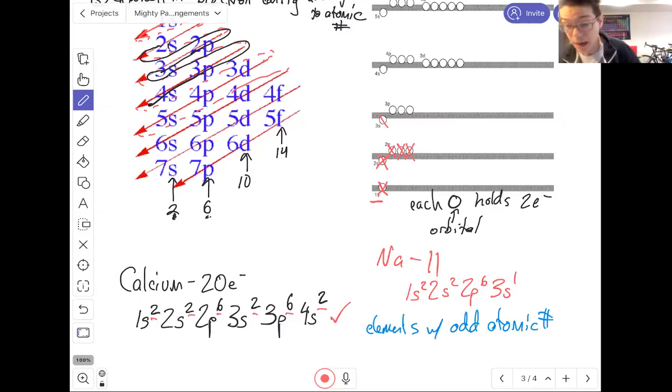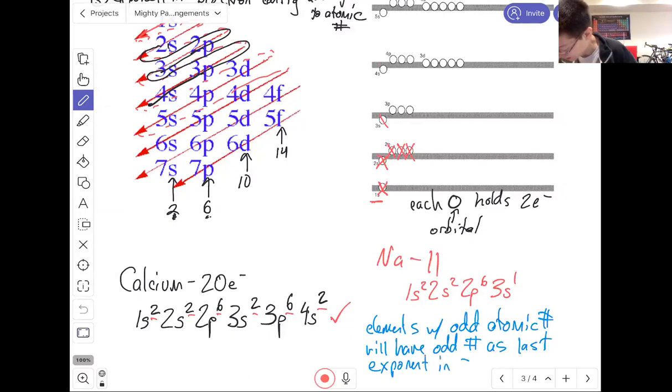If their atomic number is an odd number, they will have an odd number as the last exponent in the configuration. So that's a good mental check, because otherwise 2, 6, 10, and 14 are all even numbers. You're always going to write even numbers, except the very last number could be an odd number.